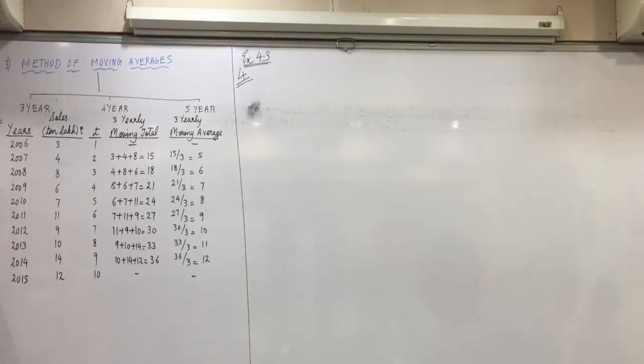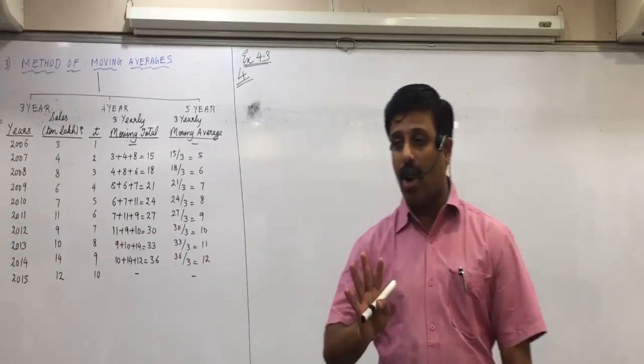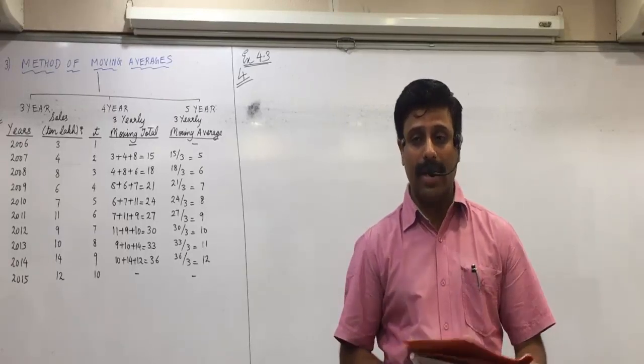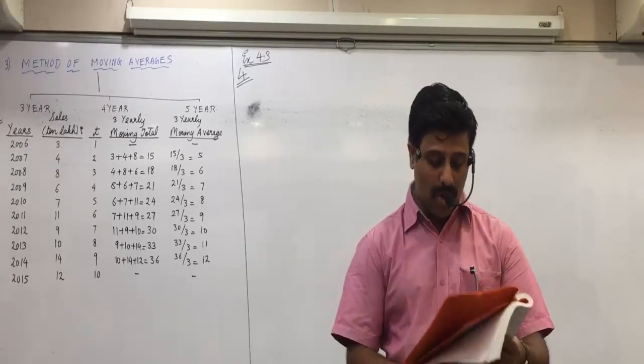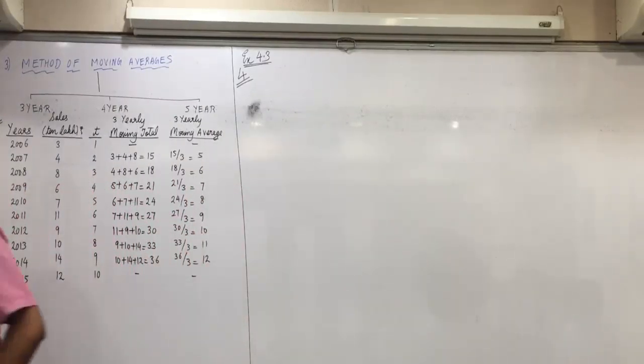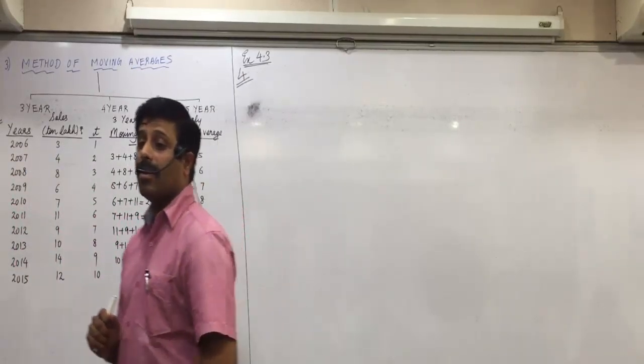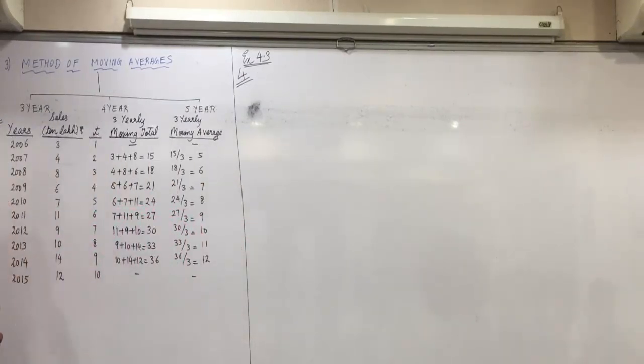Look at page number 177, exercise 4.3, question 4. Don't make the columns, understand them first. And listen carefully, what is the problem with 4? The problem with 4 is that the middlemost year is not available. See here, if you do 6, 7, 8, 9, which will be the middlemost year? Between 7 and 8.